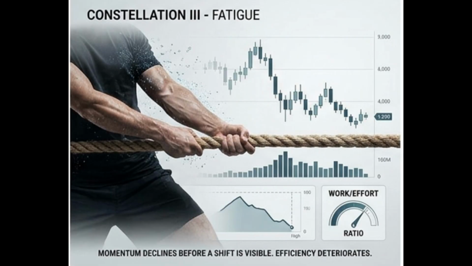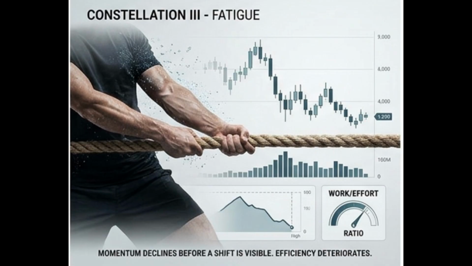Constellation 3. Fatigue. Imagine one team continues pulling with determination. The rope still moves. However, each pull advances it less than the previous one. The team has not stopped. Its efficiency has declined. Fatigue accumulates long before failure becomes visible. Market fingerprints.